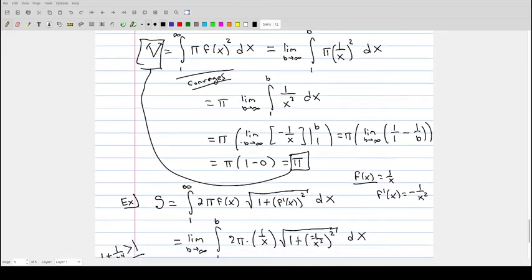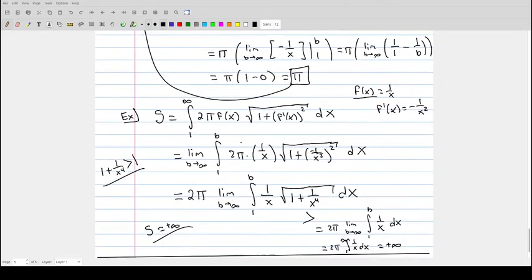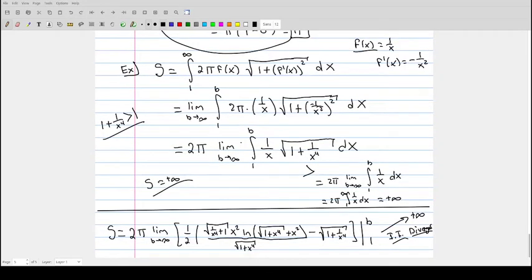And so this is an interesting example because it's a surface that has a finite volume but infinite surface area, and it's also interesting because it shows us a very basic application of what's called the direct comparison theorem, or the DCT for short, which we'll write out at the very end of this lecture.